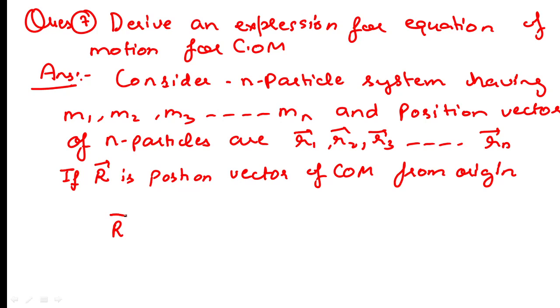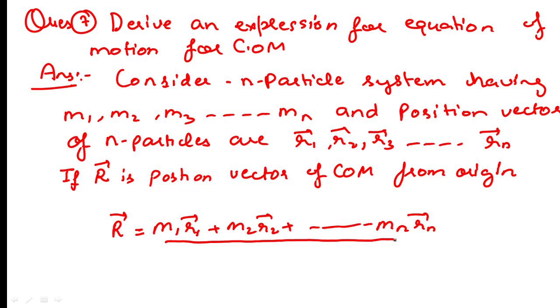We already know that R is m1 r1 vector plus m2 r2 vector plus up to mn rn vector, upon the total mass, m1 plus m2 plus m3 plus up to mn.